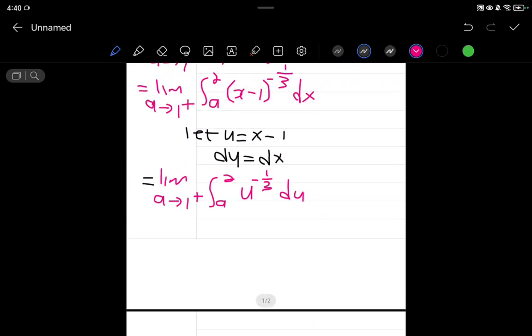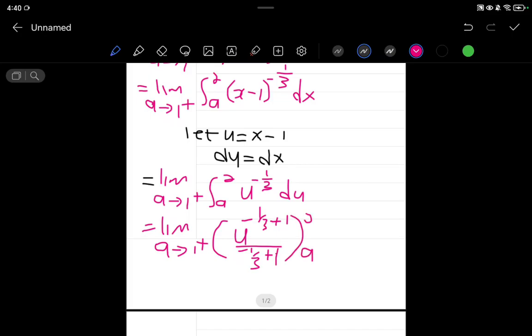For me to integrate this, I'm going to say u to the minus 1 over 3 plus 1, over minus 1 over 3 plus 1. Then I put my a and 2 there.